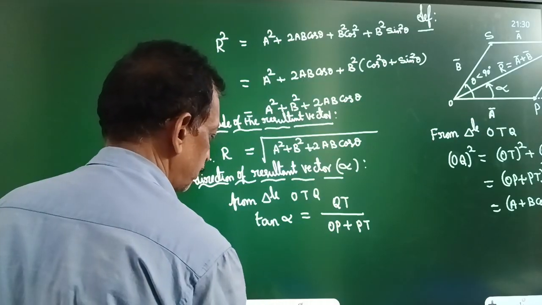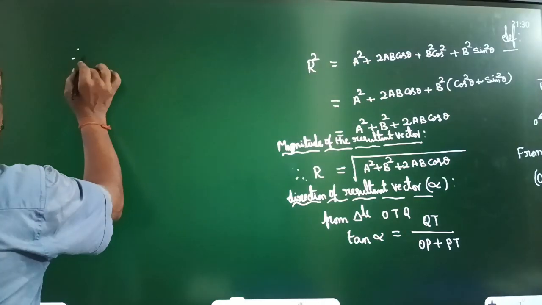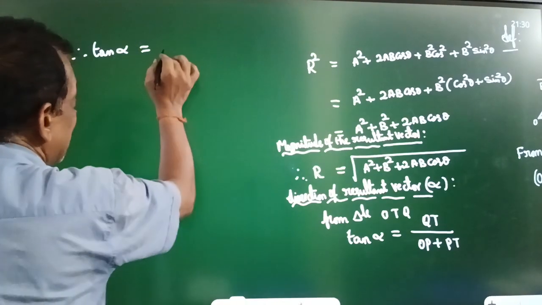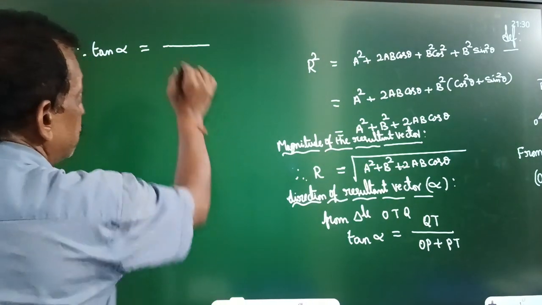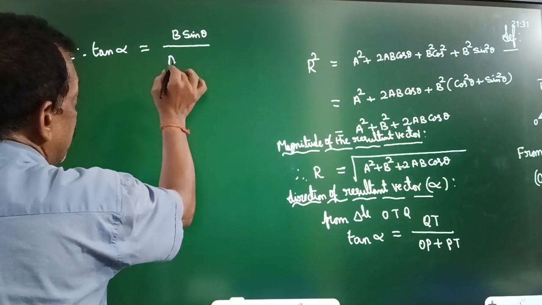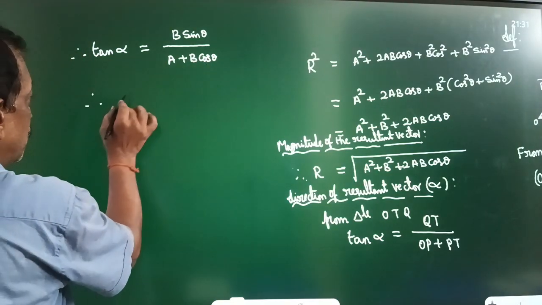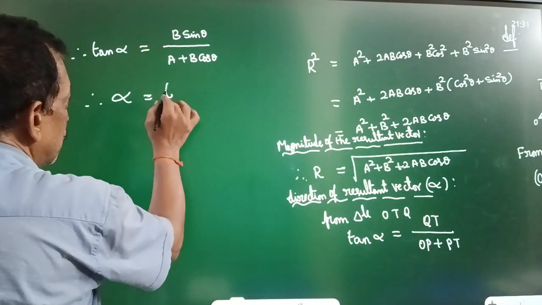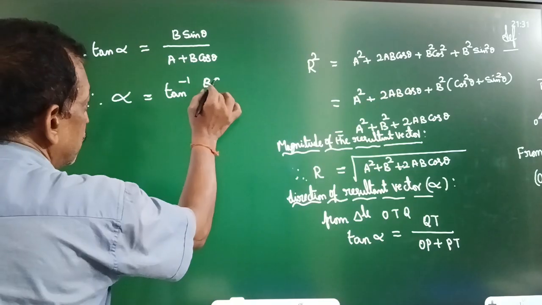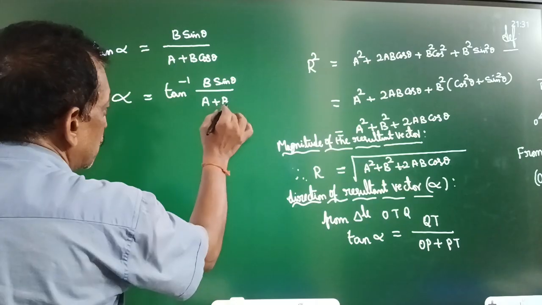So therefore tan alpha is equal to opposite, that is B sin theta, divided by A plus B cos theta. Therefore alpha is equal to tan inverse of B sin theta divided by A plus B cos theta.